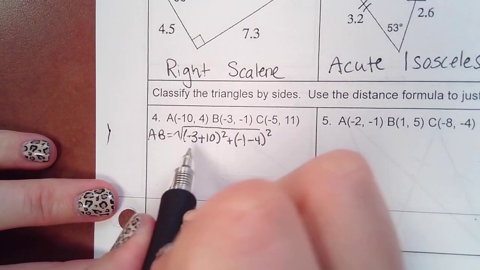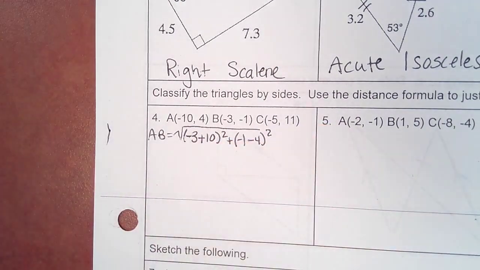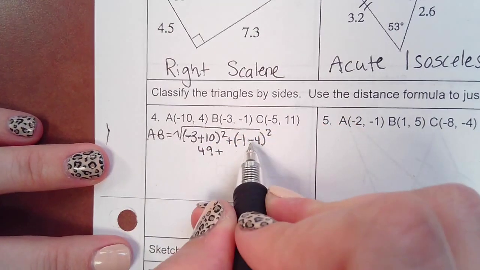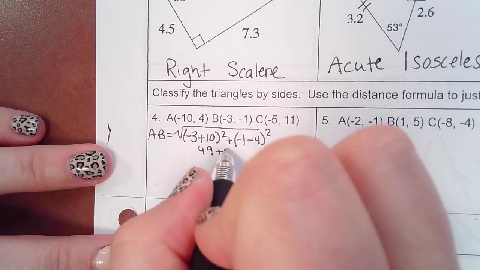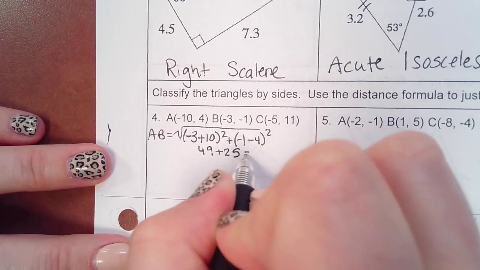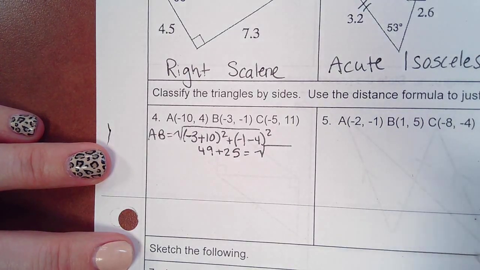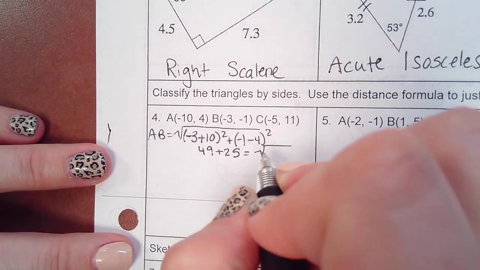So -3 plus 10 is 7. 7 squared is 49 plus -1 minus 4 is -5. -5 squared is 25. So this equals the square root of 74.